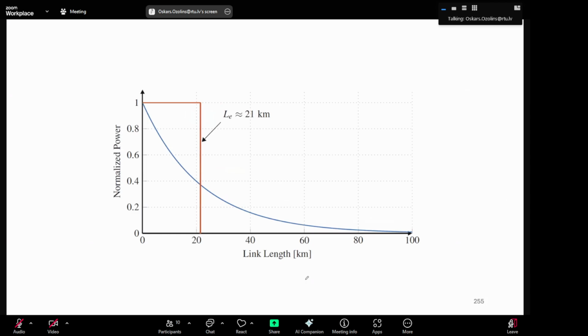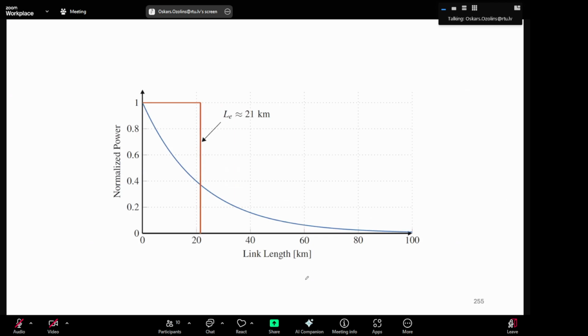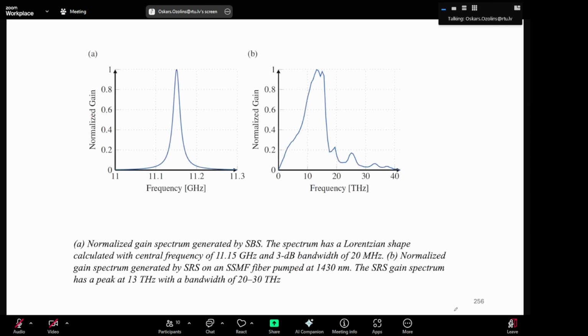So then, for a specific link length, we have a normalized power, and how the power drops. If we amplify it, we have different types of effects.